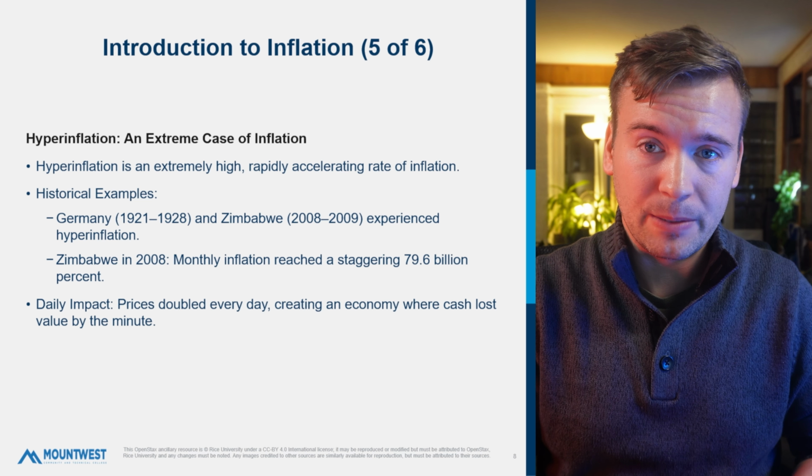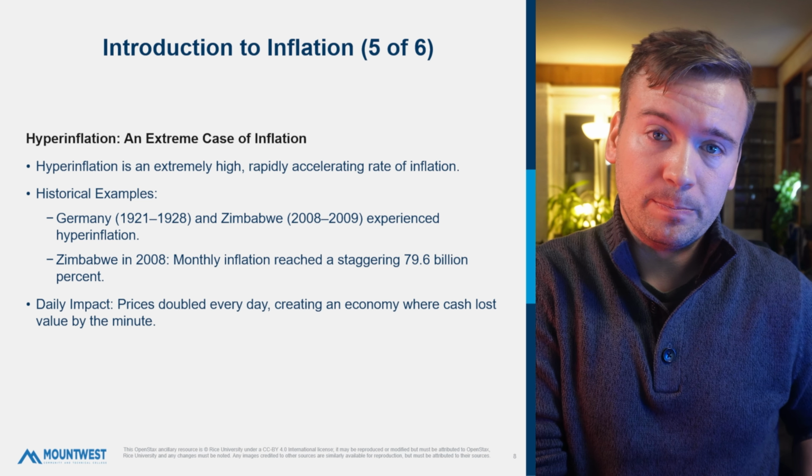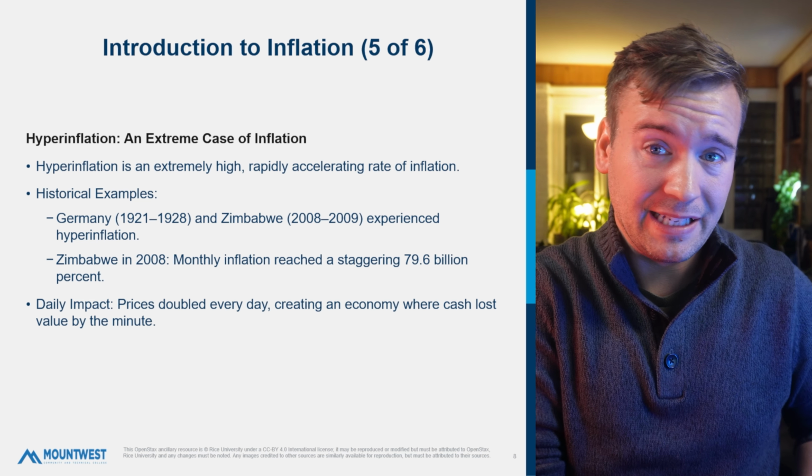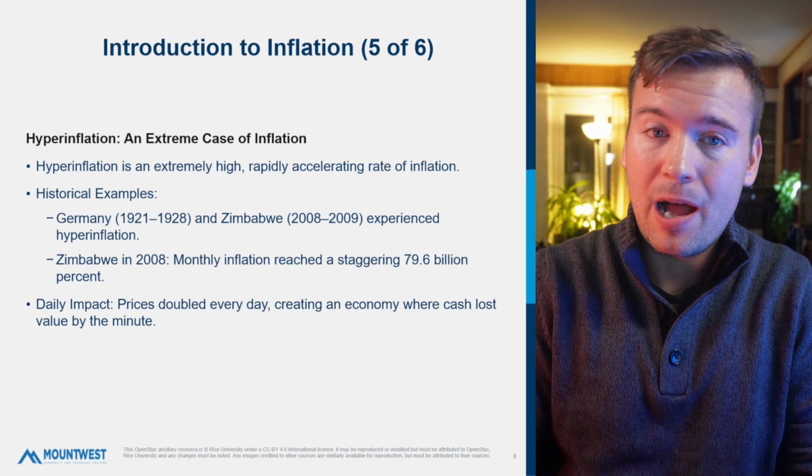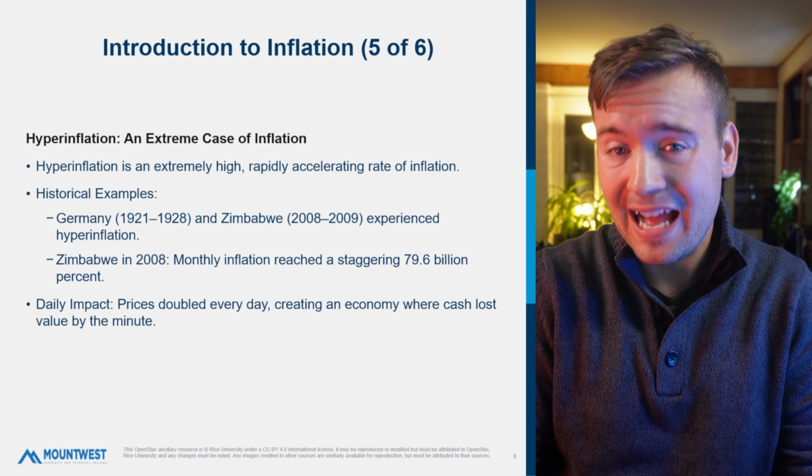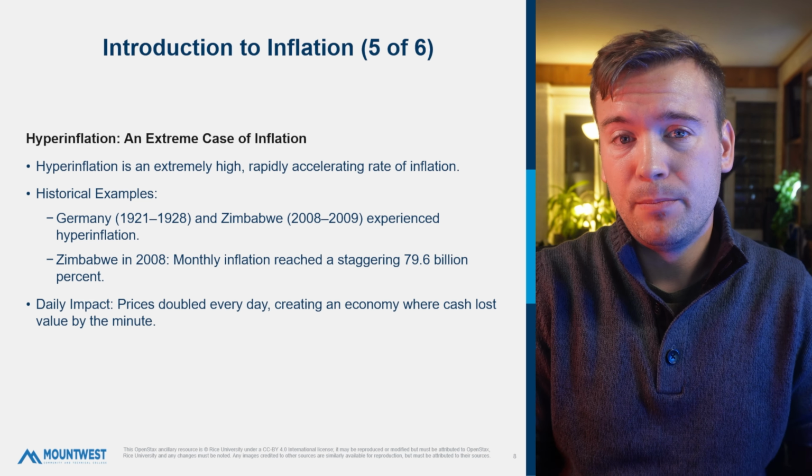For example, Germany from 1921 to 1928 and Zimbabwe from 2008 to 2009 both experienced severe hyperinflation. In 2008, Zimbabwe's monthly inflation rate hit 79.6 billion percent. In a hyperinflationary environment, prices can double daily, meaning that people's cash loses value literally by the minute.